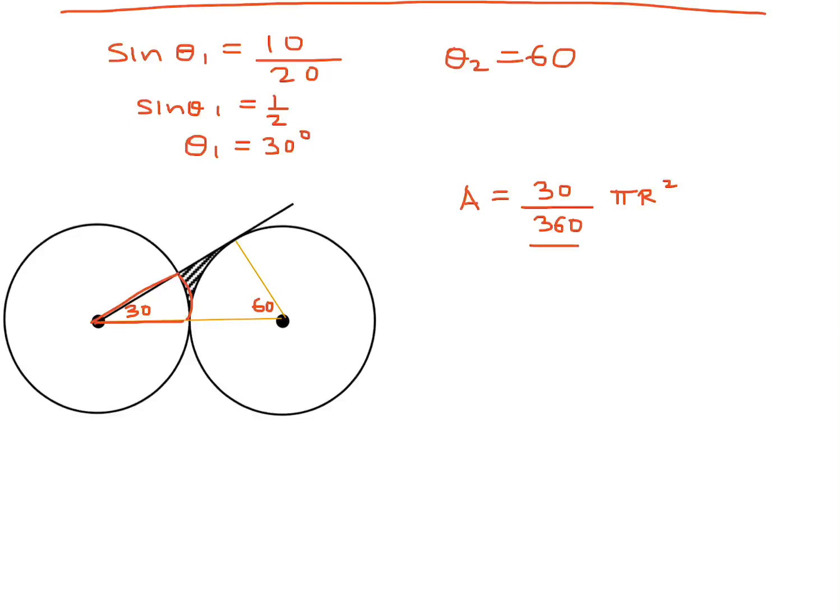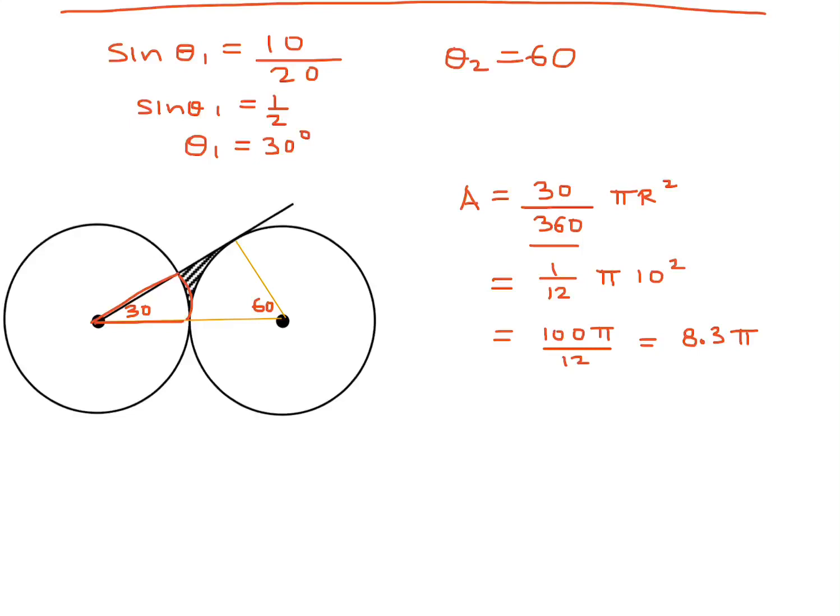And then pi r squared is the area of a circle. So this would be 1 over 12. And then r in this circle was, I believe, 10, correct? So there you go. You got 100 pi over 12, like this. And this is approximately 8.3 pi.